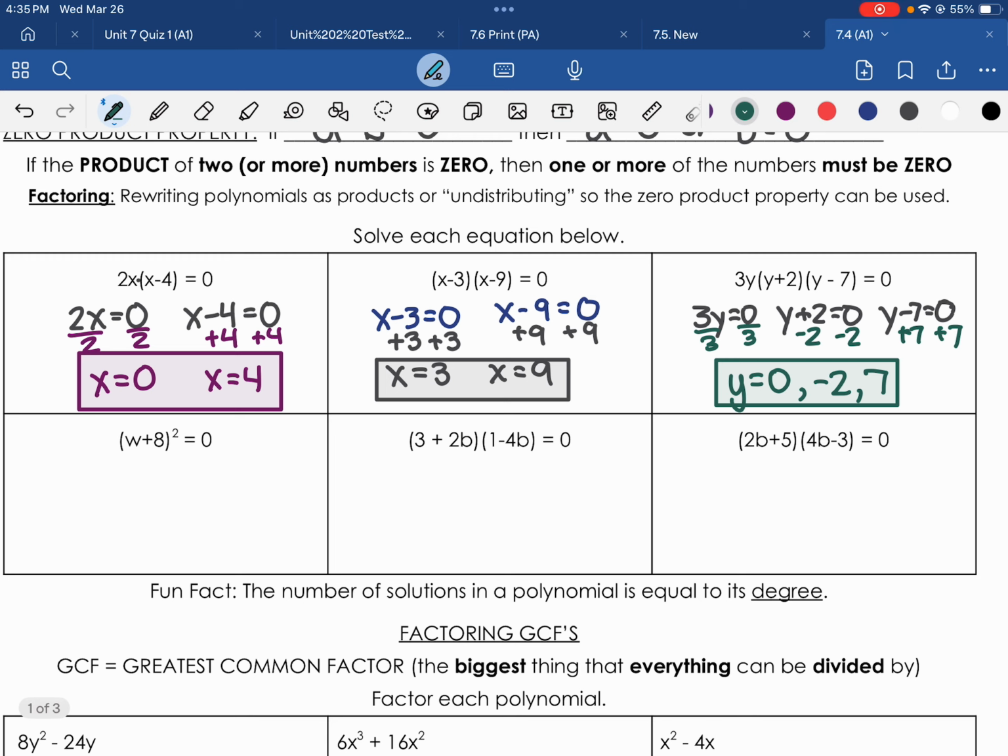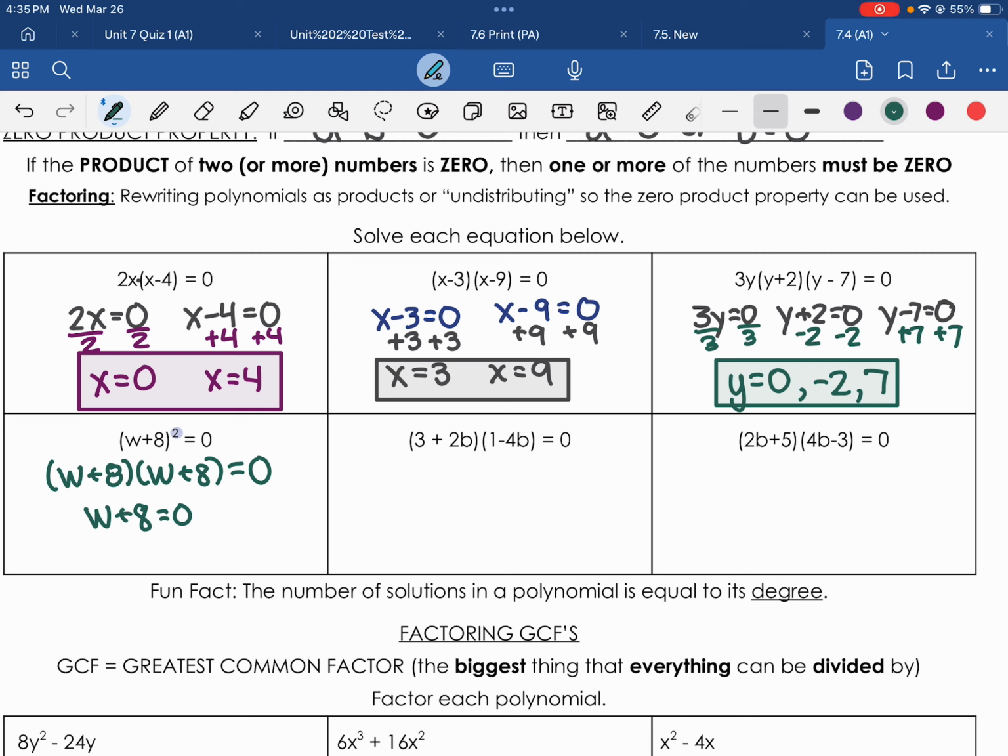There are a few things on the bottom row that make it a little more complicated. If you happen to see this squared, keep in mind that when we did that with multiplication, we just needed to write it twice, right? So then we would just be solving w plus 8 equals 0 twice.